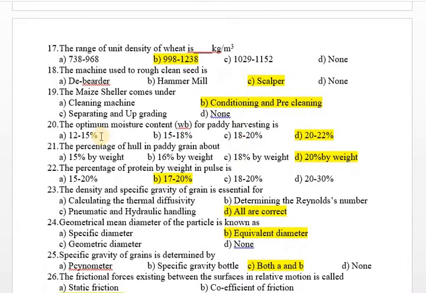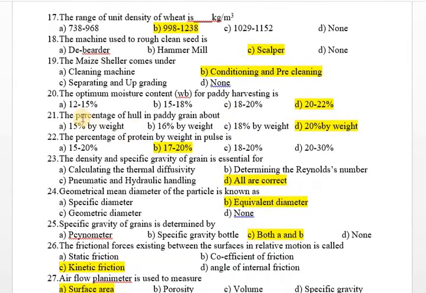Next, optimum moisture content on wet basis for paddy harvesting. While paddy is harvested, the moisture content should be 20 to 22%. The percentage of hull in paddy grain is 20, meaning 20% by weight.